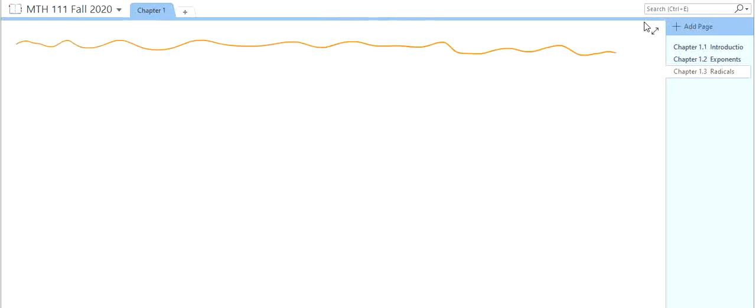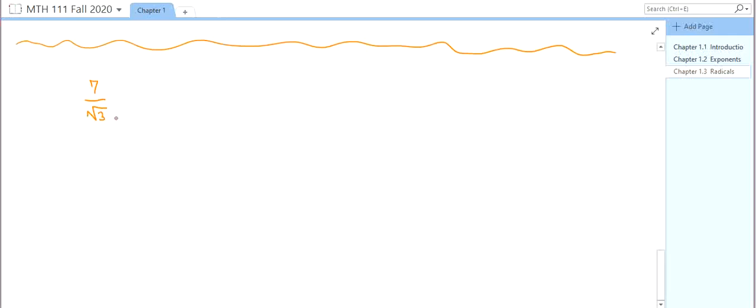Okay, another thing that you want to consider is, we don't like to see radicals in the denominator. I mean, you can do it, but it's not pretty enough. So really what we want to do is get rid of that in the denominator.